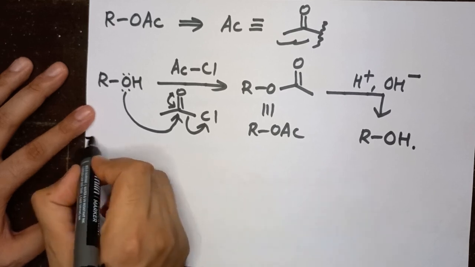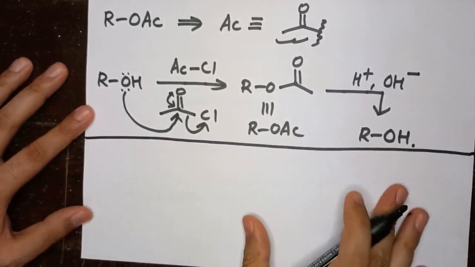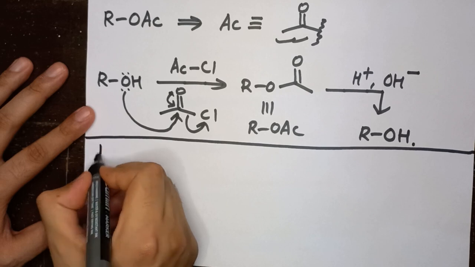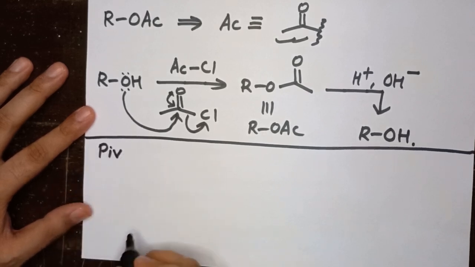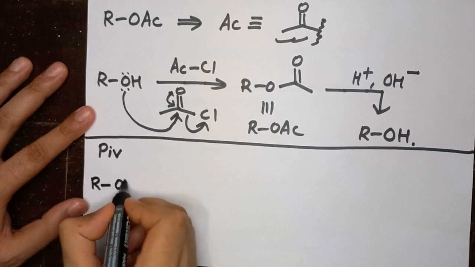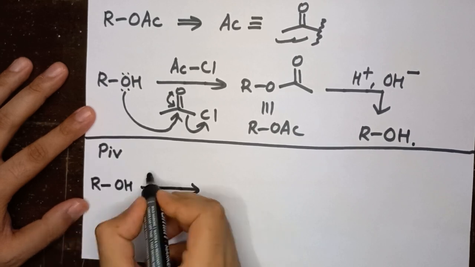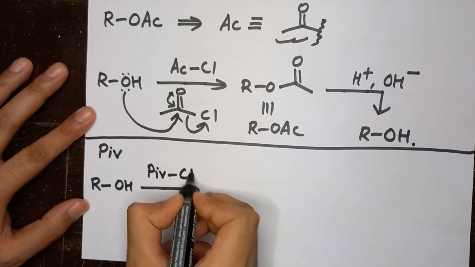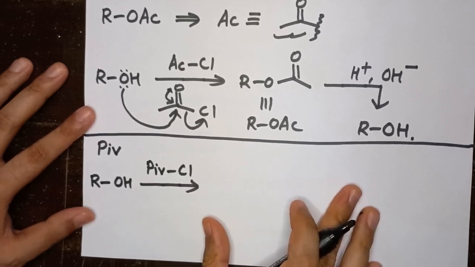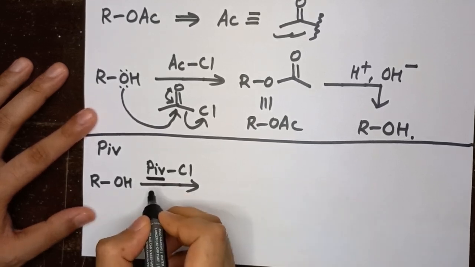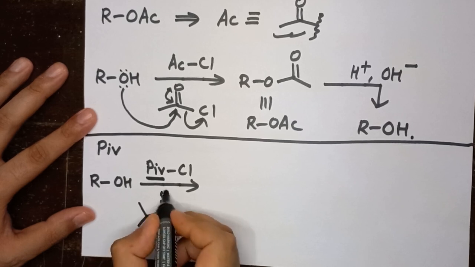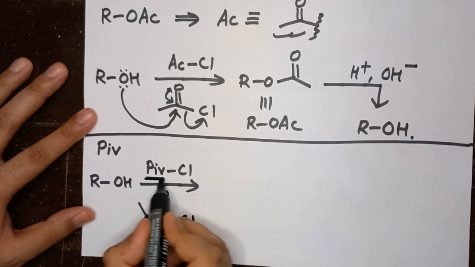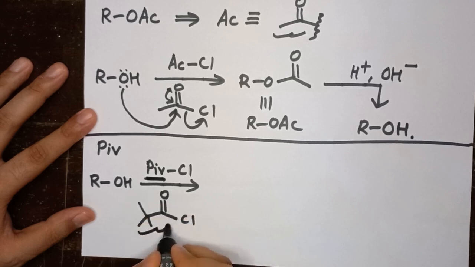One more thing, it's called the pivalate ester strategy. So we have an alcohol, and if I react it with its chloride version, this Piv group represents tertiary butyl carbonyl. So this Piv group is representing this much, and this is the chloride version.